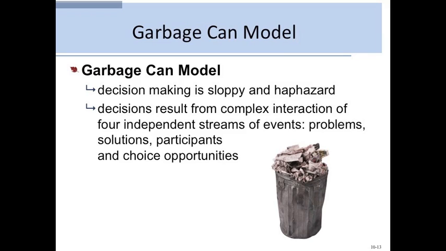So it's not a case where we're just making decisions when problems arise. We might find opportunities to make decisions and then try to locate problems to address at that moment and find solutions, as I said, that may already be there and apparent in the organization.